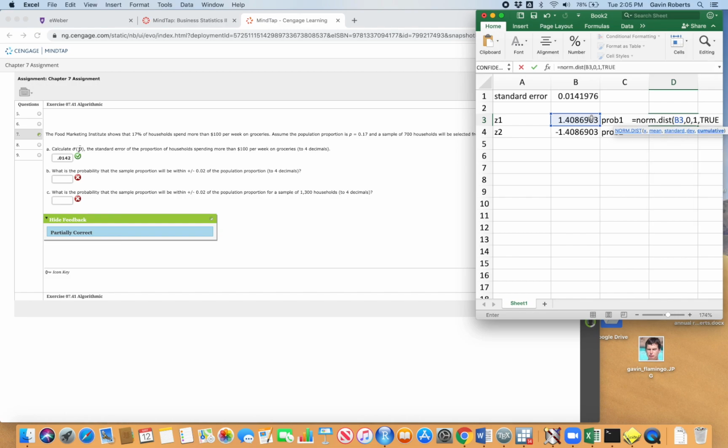Comma, TRUE, we want the cumulative, and you'll always do that. 92% chance of being to the left of 1.4. Less than 1.4 standard errors above the population proportion. That's all of the area to the left, so that's not our answer. Now we want equals NORM.DIST.